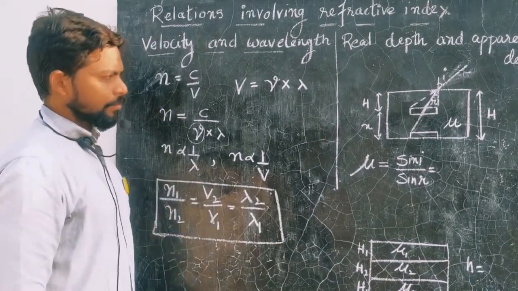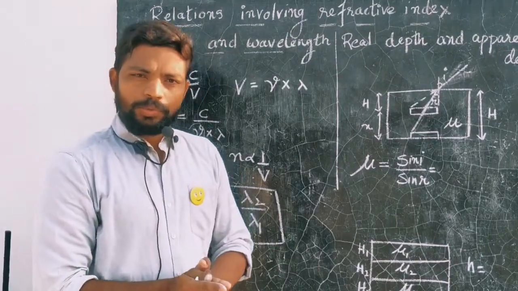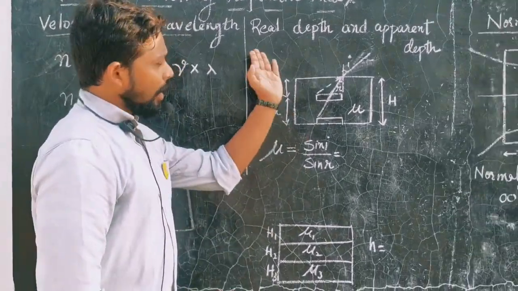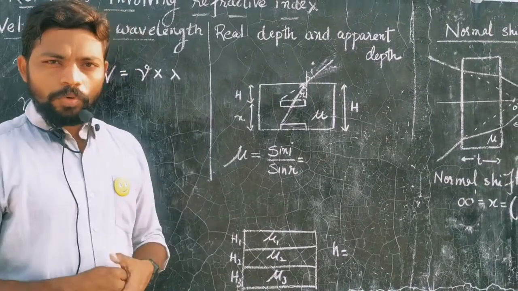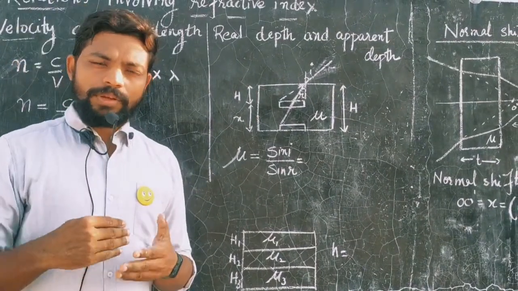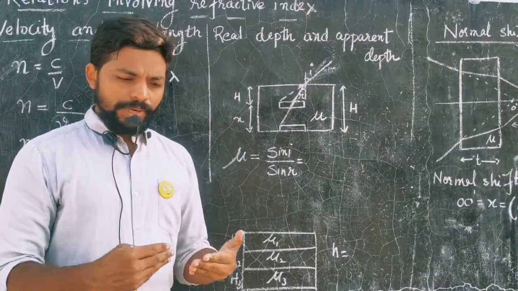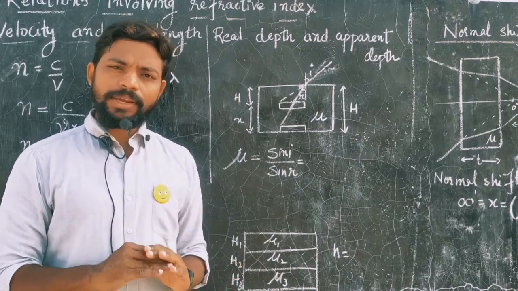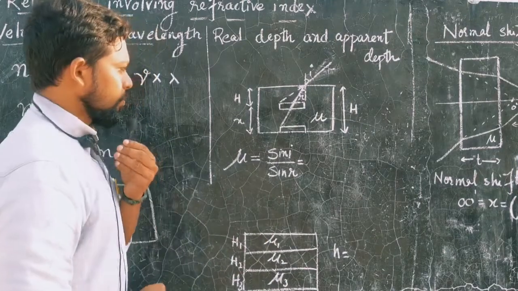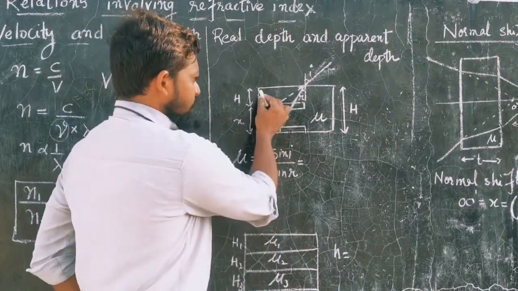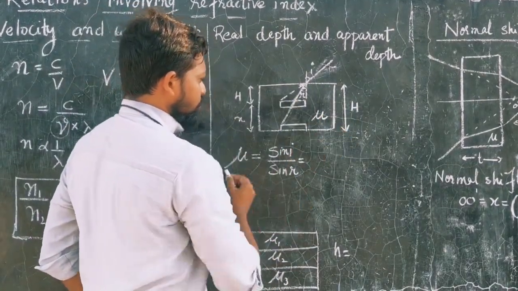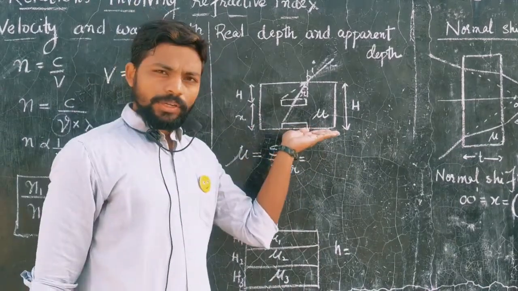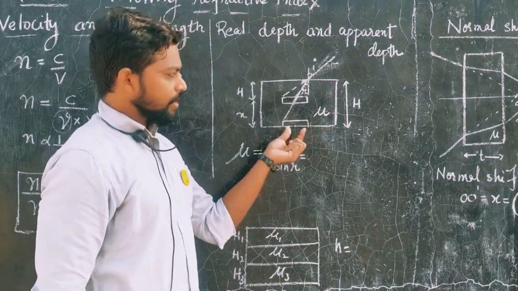Right. Well, we'll move on to the next concept, that is real depth and apparent depth. We know that because of refraction, sometimes we are confused about the depths of water. We'll take an example here and we will derive a small formula. Let us say there is some water inside a tumbler and we place a coin.